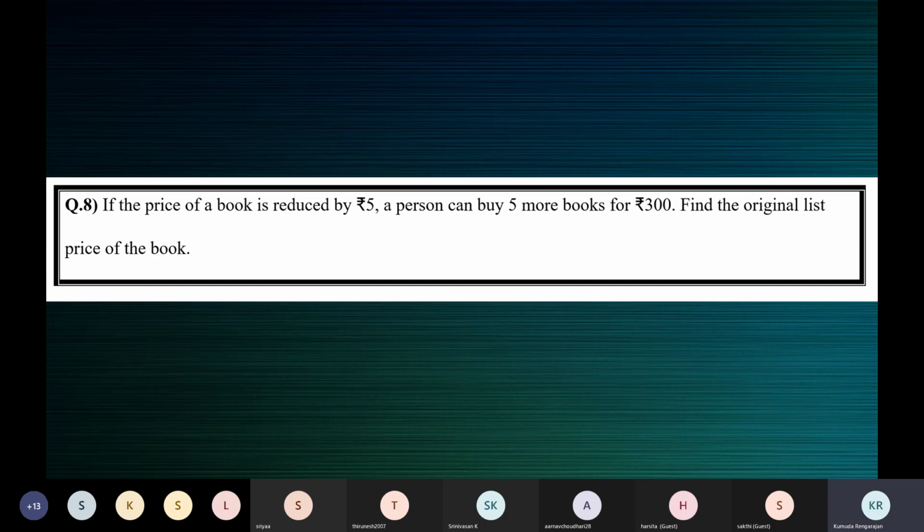If the person has 300 rupees with him, when the cost per book is 60 rupees, he can buy 5 books. But when the cost per book is 50 rupees, he can buy 1 book more, because when it's 50 rupees, he's able to buy 6 books as compared to 5. So it's a question like that, where we have to find the original list price of the book.